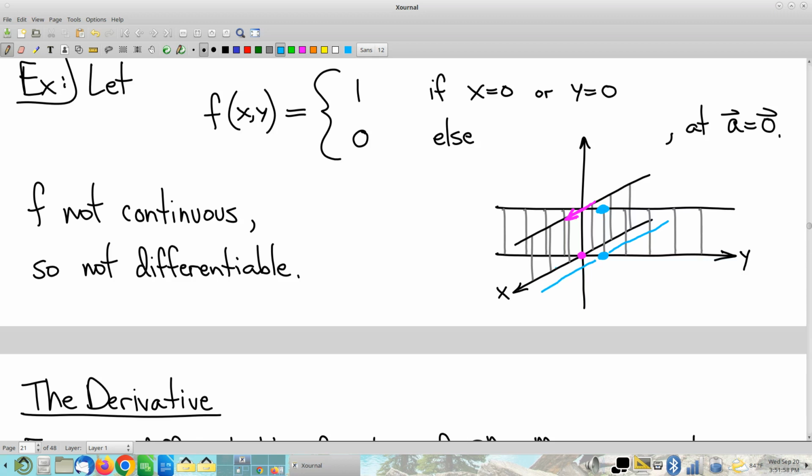So at this point, if I tried to compute the partial with respect to x, I'm dead in the water, because this function, on the blue here, is not even continuous. There's this great big jump discontinuity right there.